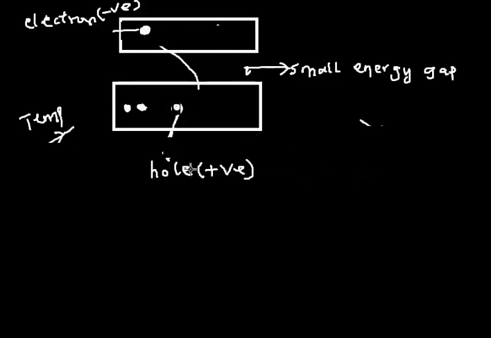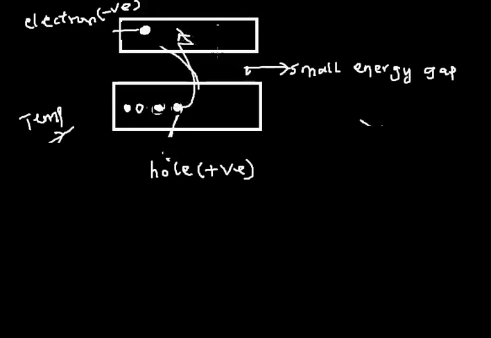As it moves, it creates another vacant hole. Then the same process happens again: the adjacent electron covers this vacant hole, and another vacant hole is created. This electron at this point can still gain energy and jump into the conduction band.